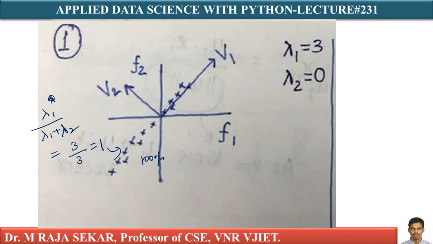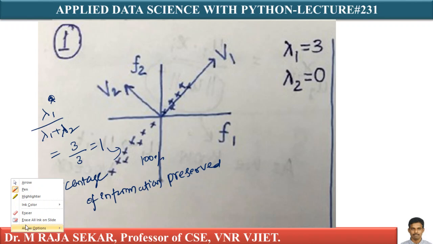I can say this is the percentage of information that is preserved. In this case, if I project all of my data onto v1, since lambda 2 equals 0 and all of the data lies on v1, I cannot lose any information.